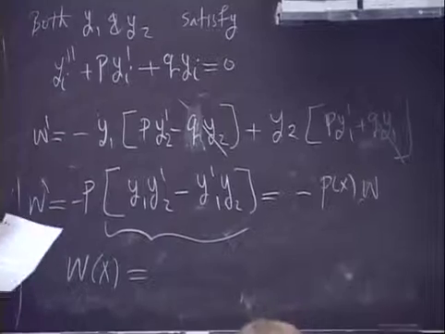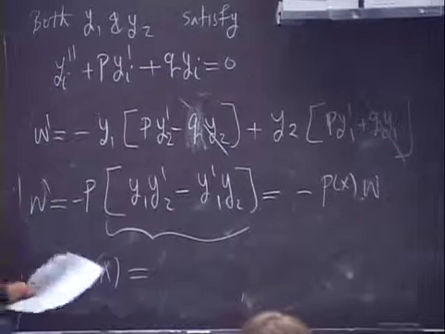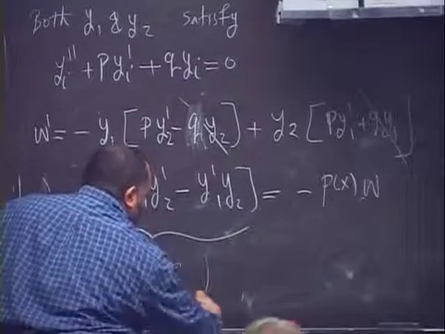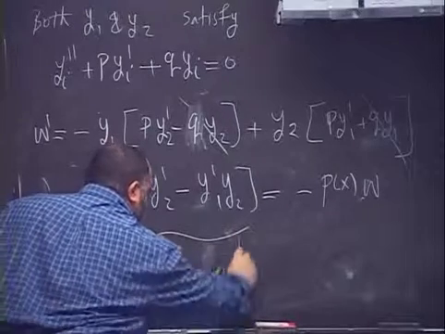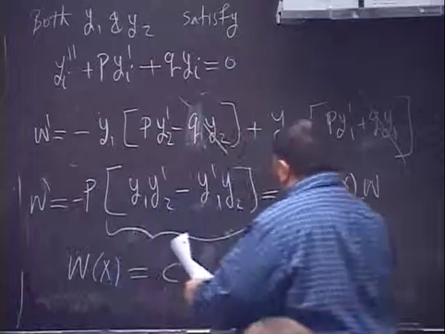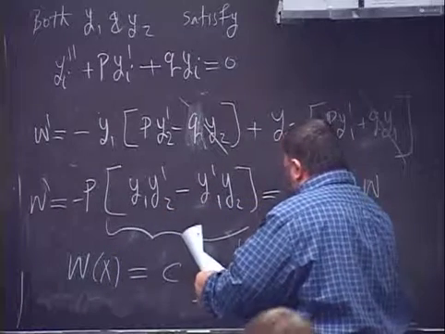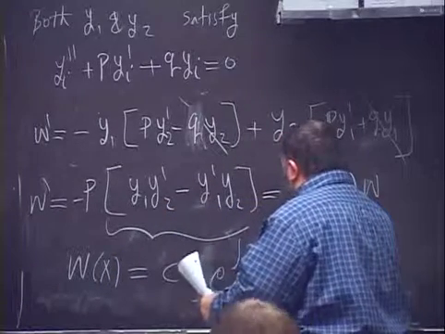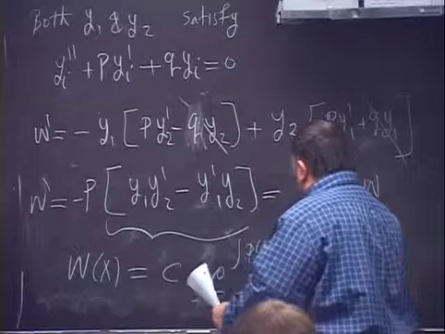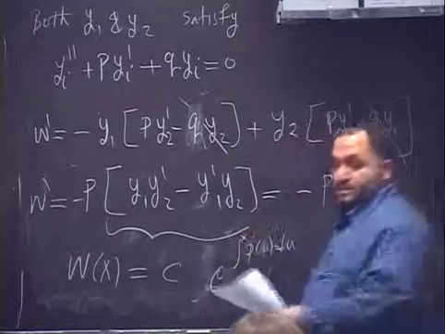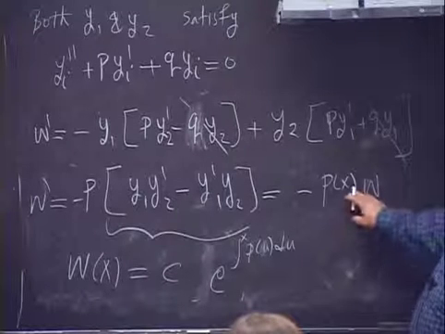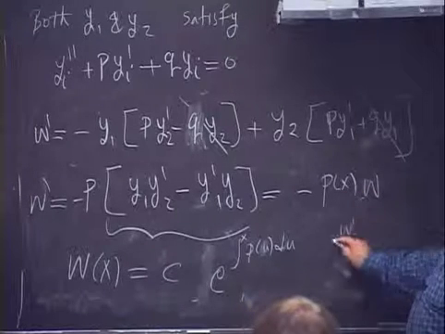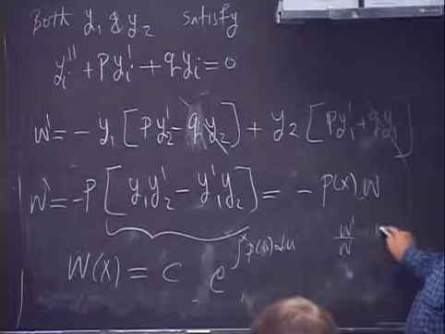some constant c multiplied by the exponential function to the power of the integral of b of u du, and here the upper limit is x. This is just a differential equation: omega prime over omega equal to b of x.